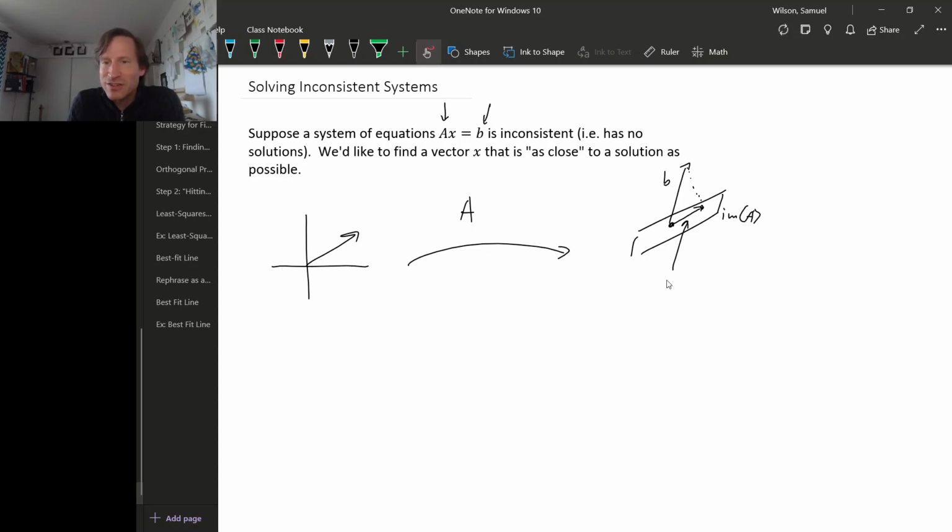So there's this vector, let's call it y, that's close to b, and then there's some vector that hits y. So there's sort of a two-stage process here, right? First, we're going to need to find this closest vector y, and then once we know the closest vector y that's actually in the image of A, then we'll find the x value that hits that y.